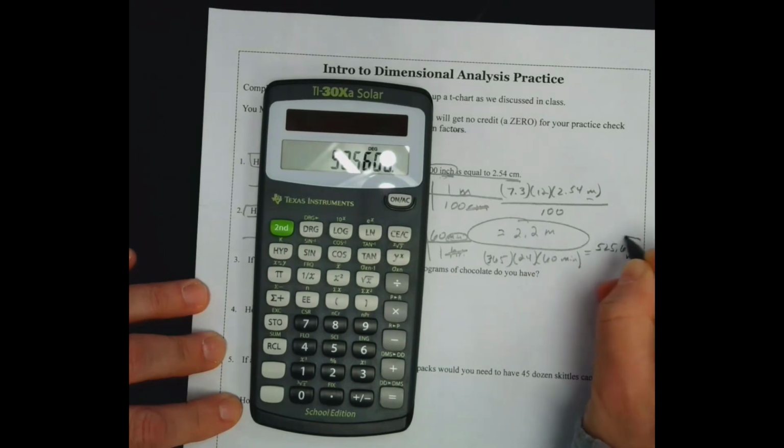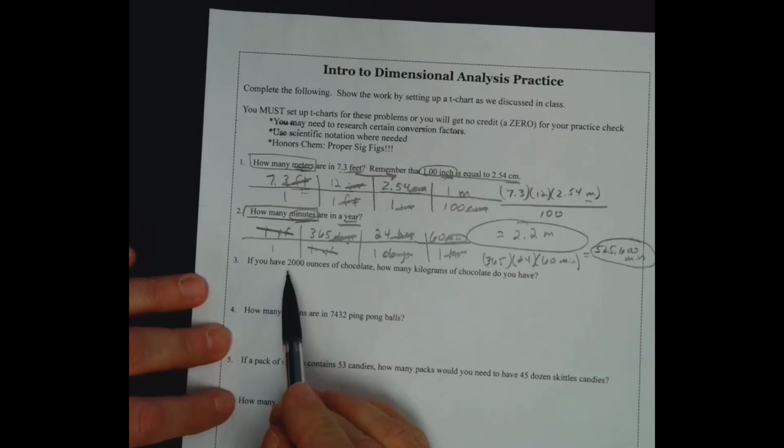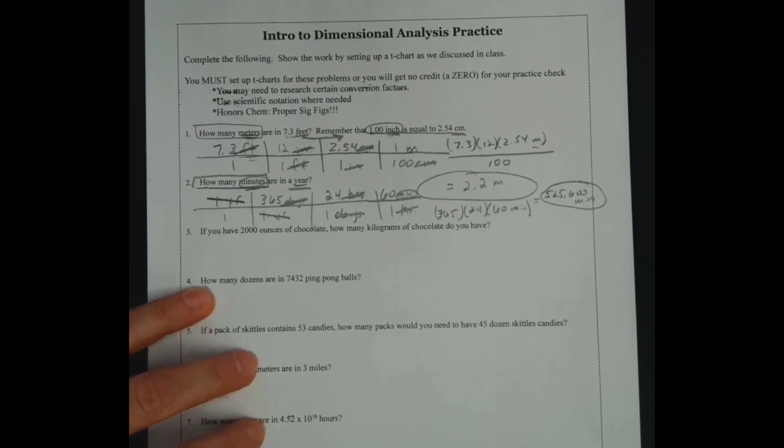And that's my unit right there. And again, I'm going to go ahead and circle that. All right. So really what it comes down to is this, you guys. When you're doing these dimensional analysis problems, it's all about your process. What do you have? What do you know? What can you get to? Let's do another one. Let's do this next one.